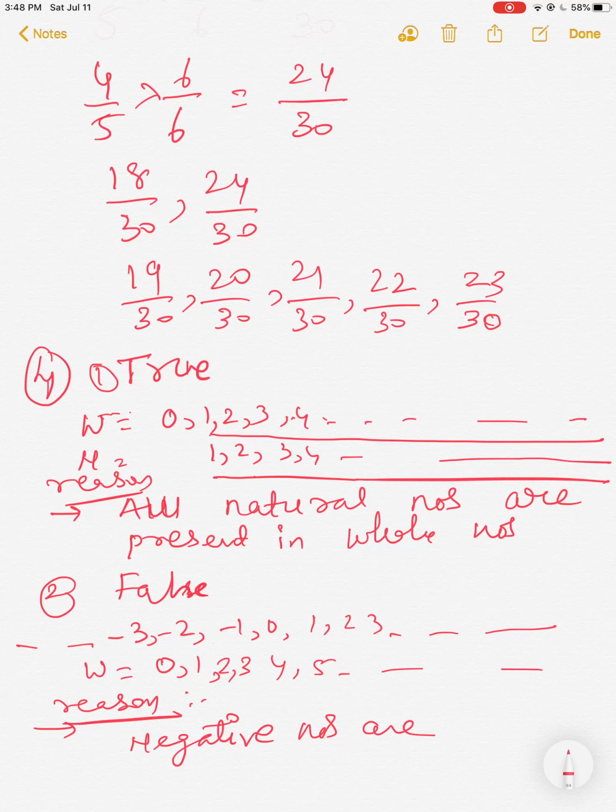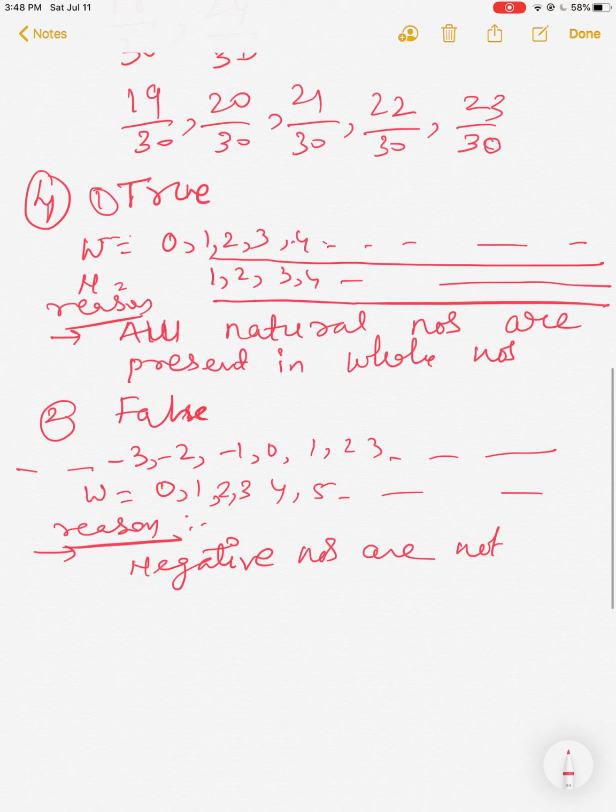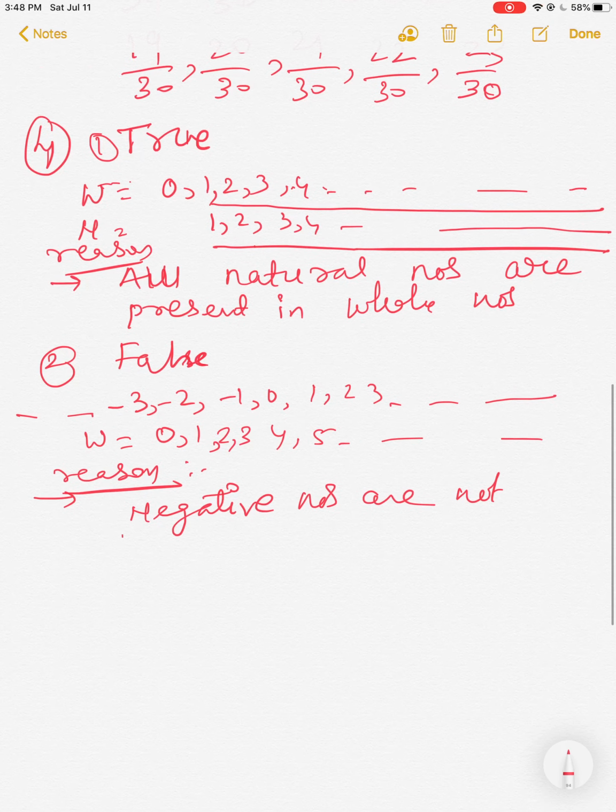I am writing it directly, you can copy it in your notebooks: negative numbers are not there in whole numbers. That is why it is not true that every integer is a whole number. Whole numbers are integers, but all integers are not whole numbers because in whole numbers negative numbers are not there.